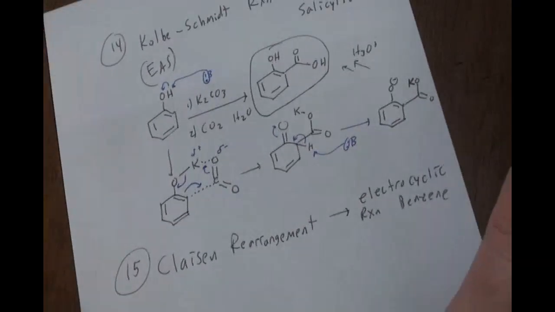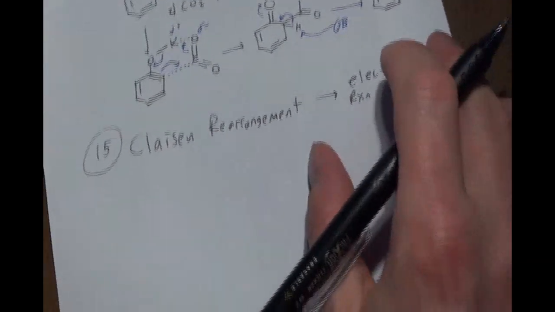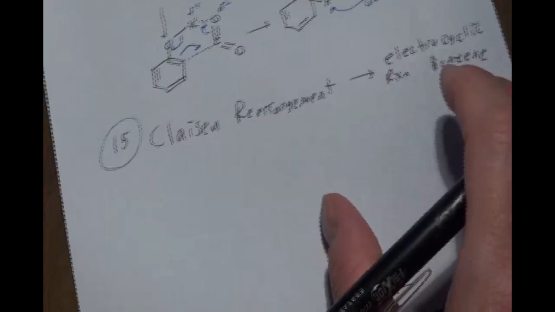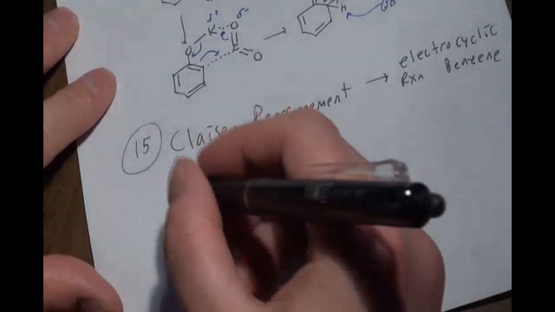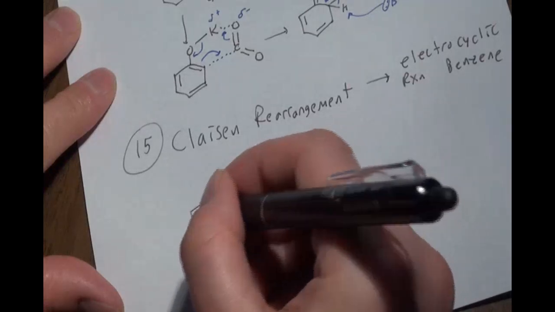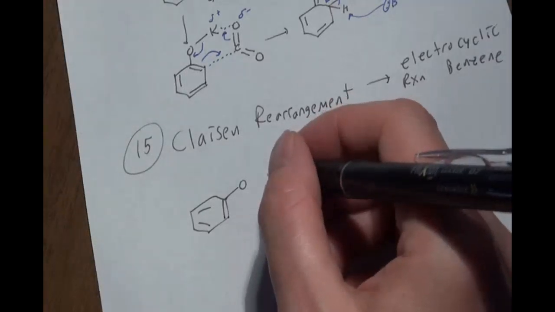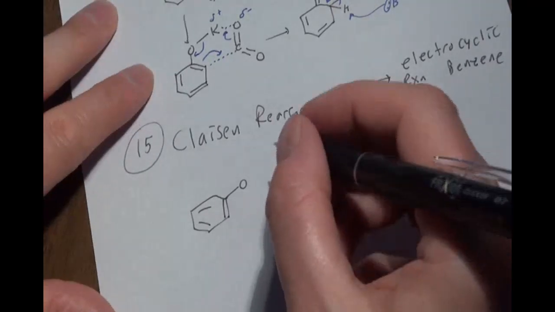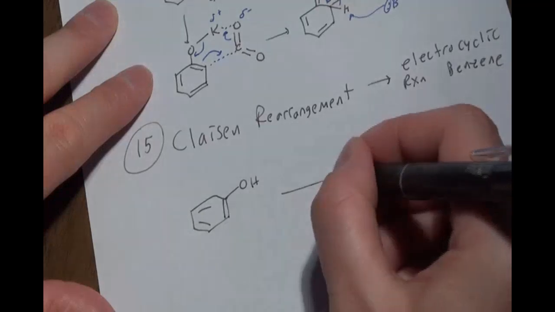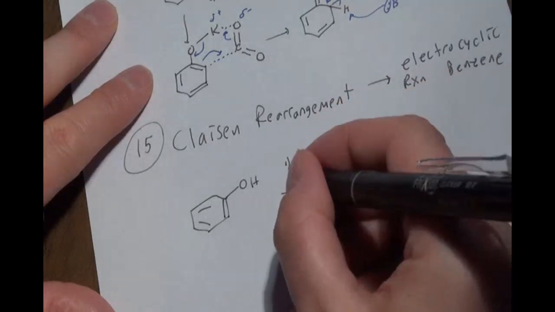They both happen to phenols. So I'll focus on the Claisen, then I'll show them both side by side, and then we're done. So now I'm going to draw benzene phenol. For this, I'm going to do 3 steps.